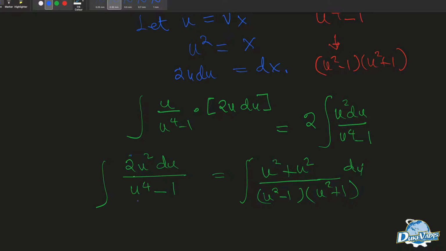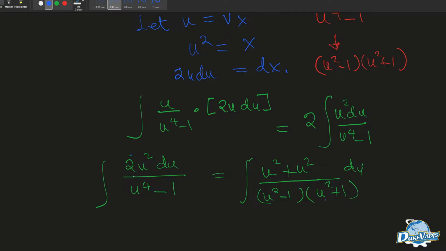Then the u raised to the power 4 minus 1, I've expanded. So I have u squared minus 1 and u squared plus 1. Now, the trick is, if we look at it very carefully, we can split them in such a way that we'll be able to use partial fractions.